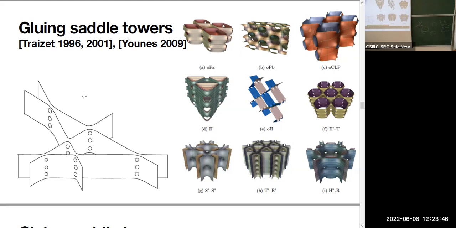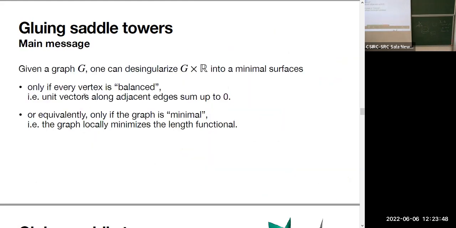the main message of this construction is this. Given a graph in the sense of this, you take the graph times the real number r, and this gives you intersecting vertical planes. And you can desingularize this object into a minimal surface only if there is a balance condition.